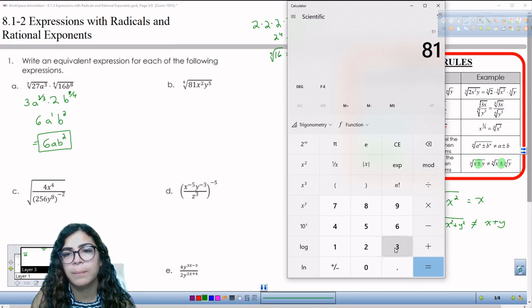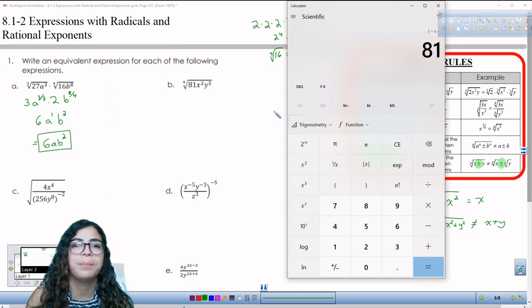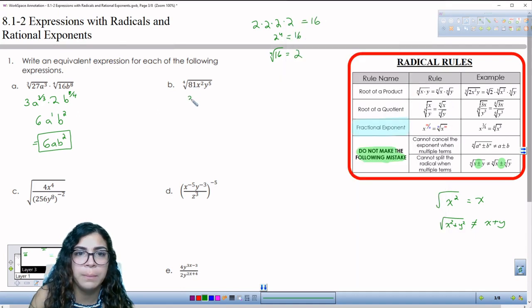Let's try 3. 3 times 3 times 3 times 3, oh, it's actually 3. 3 to the power of 4 is 81. Okay, so the fourth root of 81 is 3.